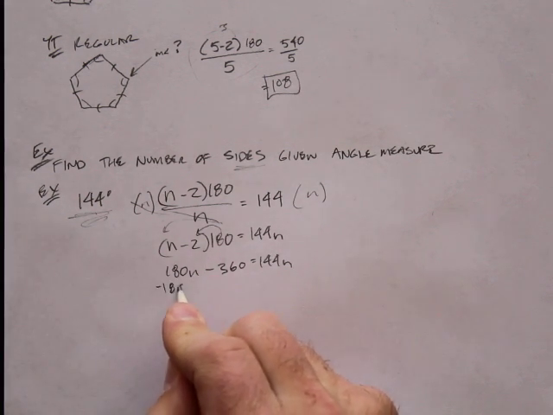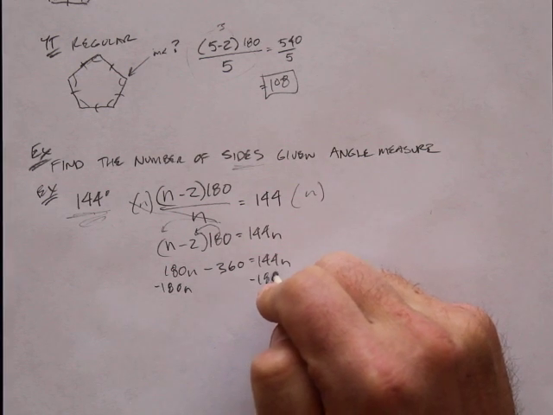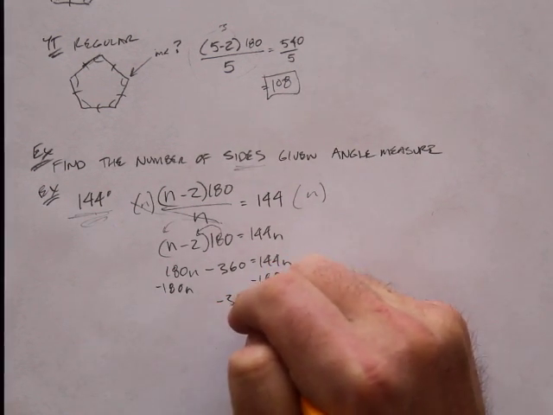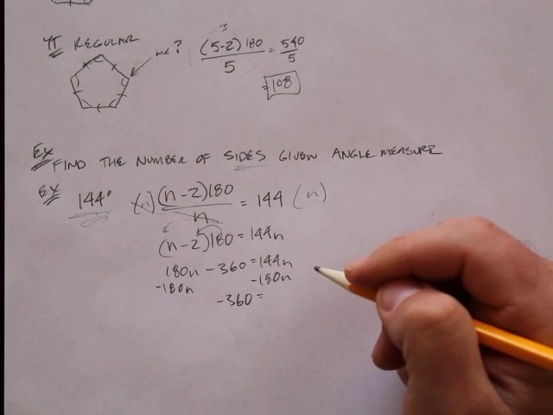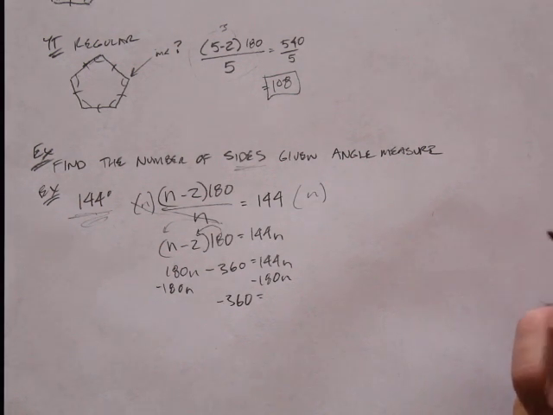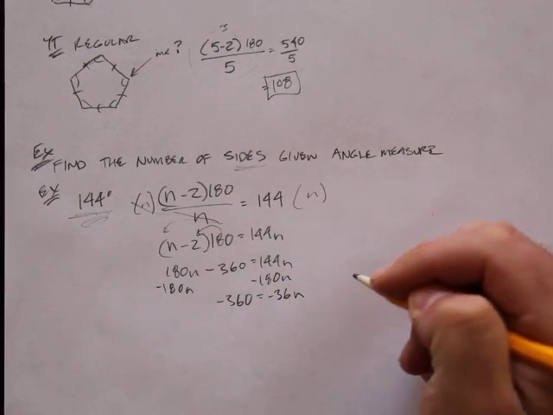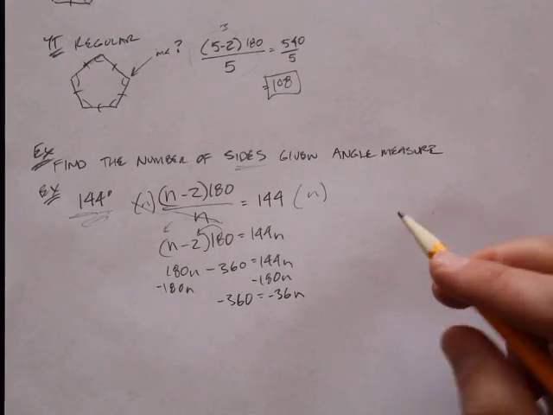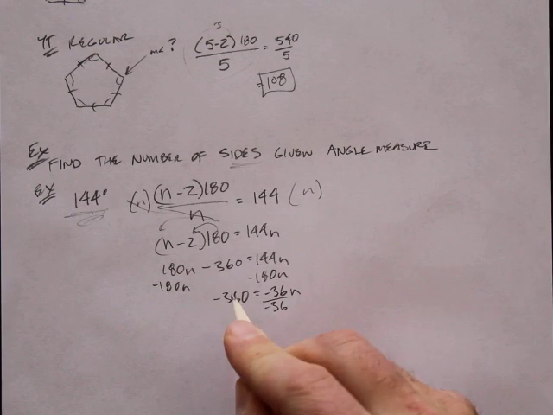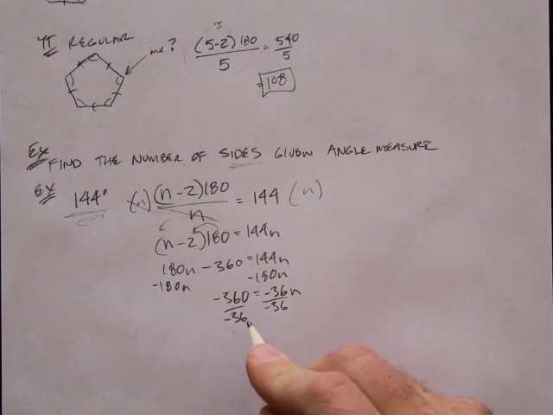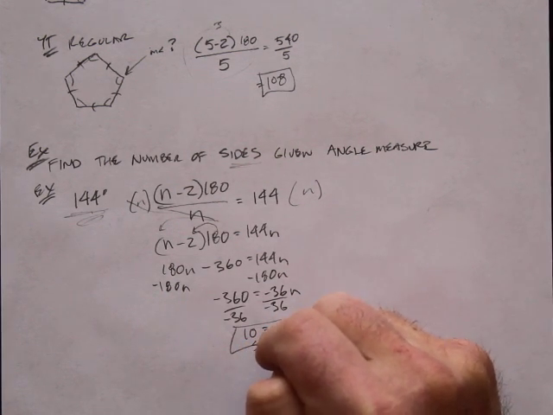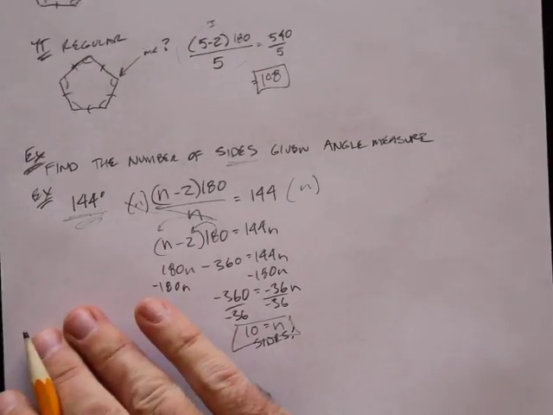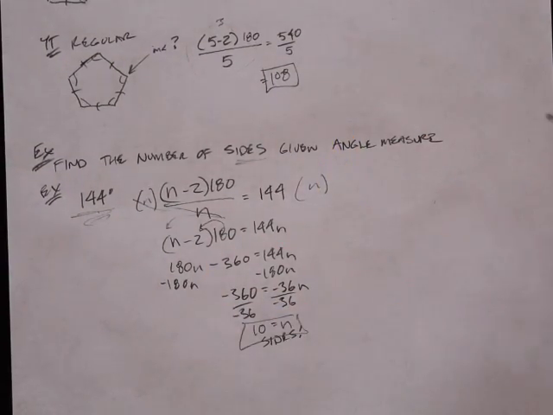I'm going to subtract 180n from both sides, and I get negative 360 equals 144 minus 180, which is negative 36n. Then I divide both sides by negative 36, and this gets me 10. And so I have 10 sides. That's how you do that one. All you do is set up your formula and solve for n. All right, we're going to do a couple more things.